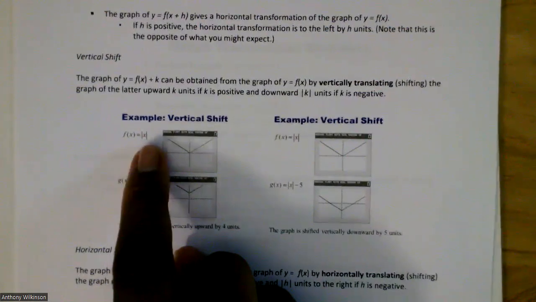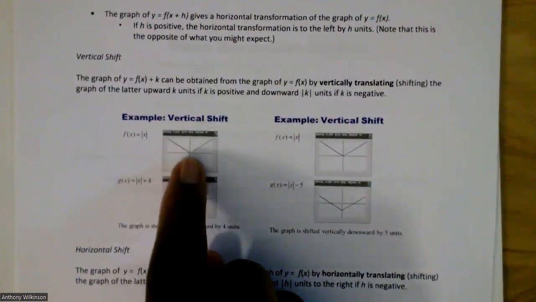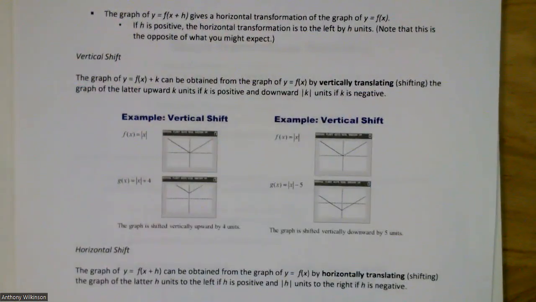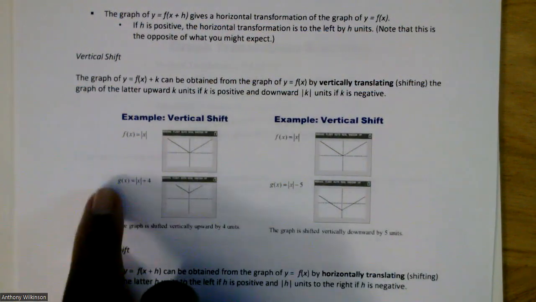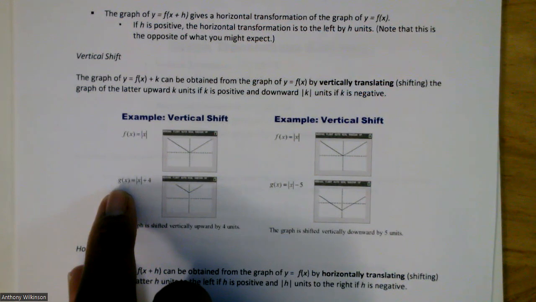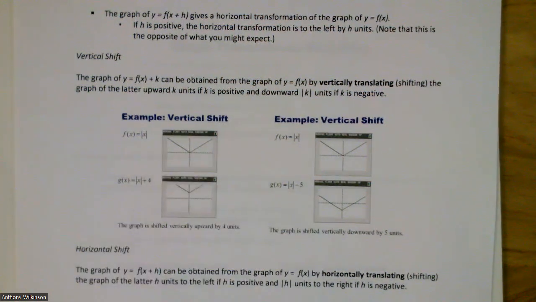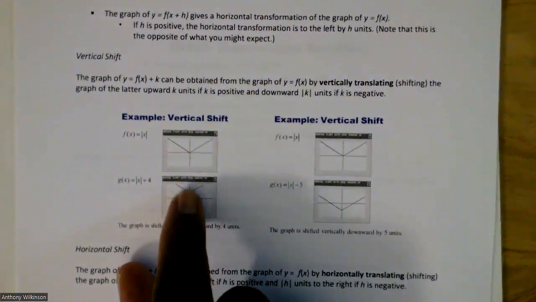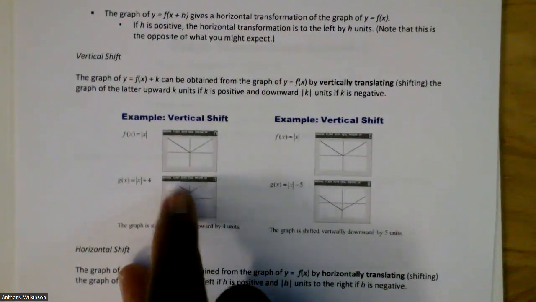Here we've got the graph of f of x equal to the absolute value of x. This is what the graph looks like on the graphing calculator. But let's say we had this transformed graph, g of x equals the absolute value of x plus 4. In this case, that graph has shifted up 4 units, as you can see.